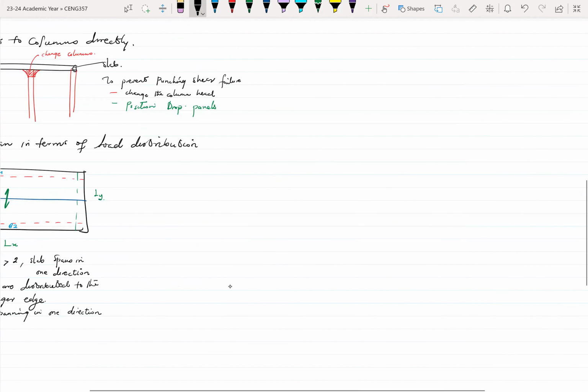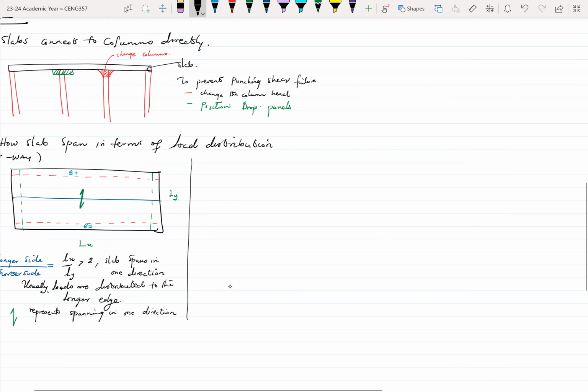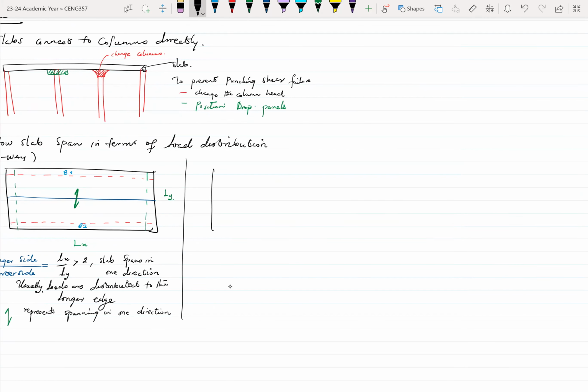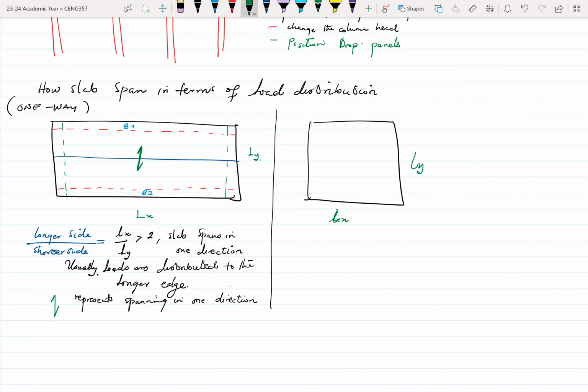Now, there's also another option we can look at. If you have a slab, let me call this one the same thing. This is my LX, this is my LY. Now, again, it's longer side divided by shorter side, please.